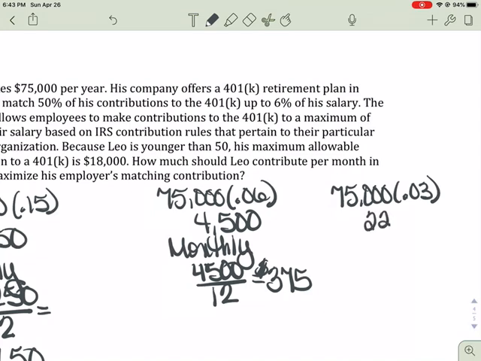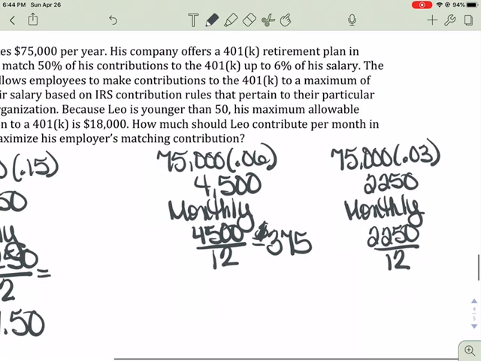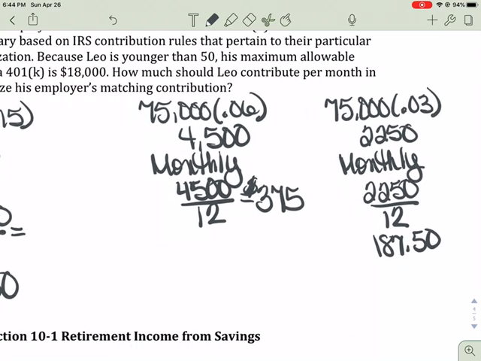And we're going to get $2,250. And again, we're going to find out what the monthly company match is. So 2,250 divided by 12. So the monthly for the company is $187.50. Okay, so that's what the company is going to contribute to his 401k.